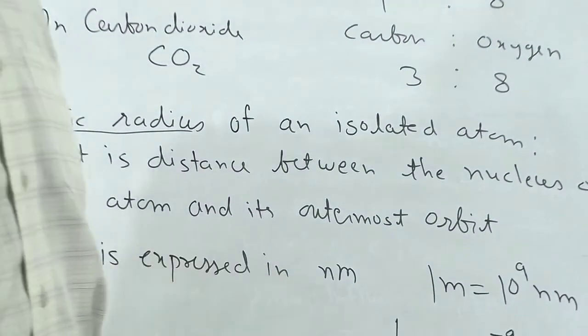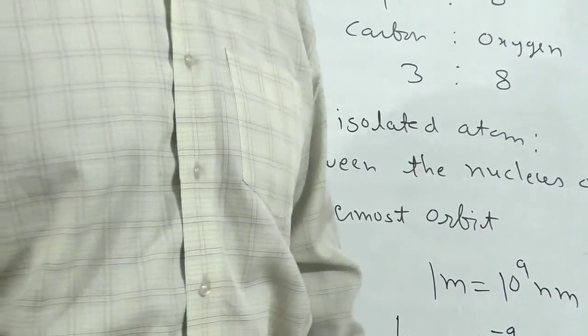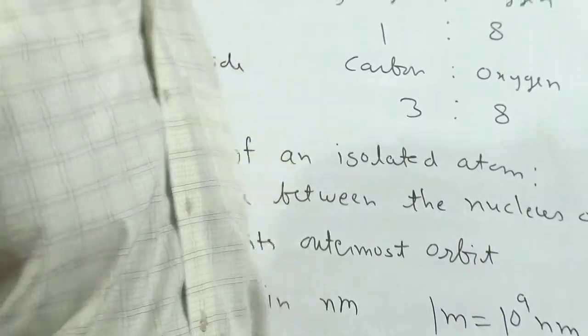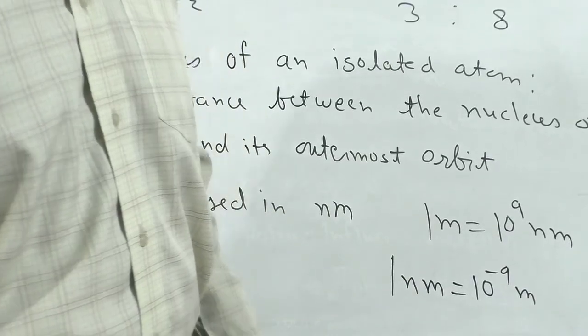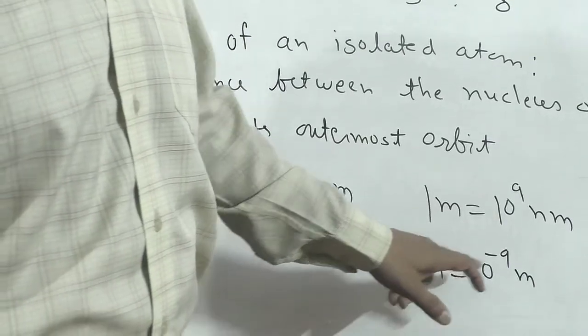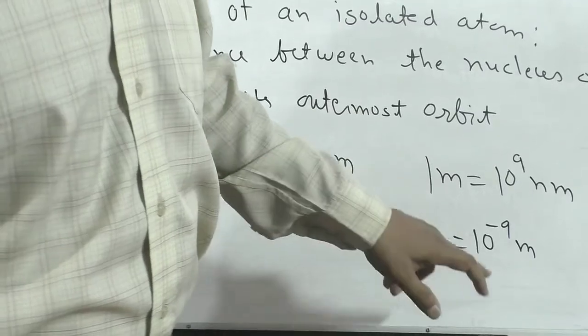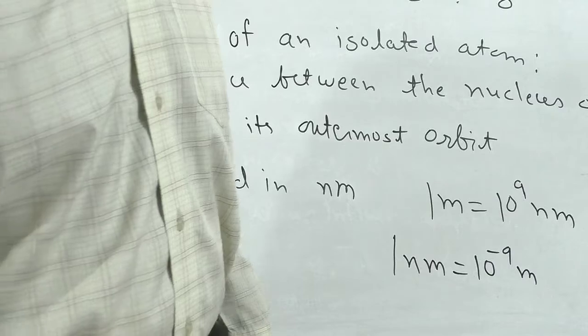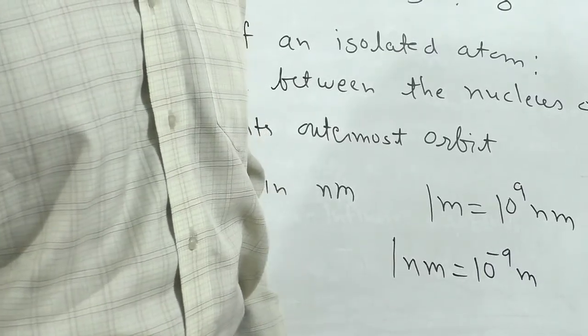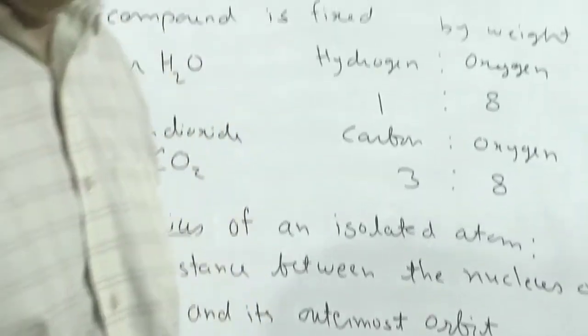It is expressed in nanometers. A nanometer is a very small unit. We can't see that. 1 meter is 10⁹ nanometers. When 1 nanometer is 10⁻⁹ meter. These are important, fill in the blanks, you must know. We'll go ahead with the next concept.